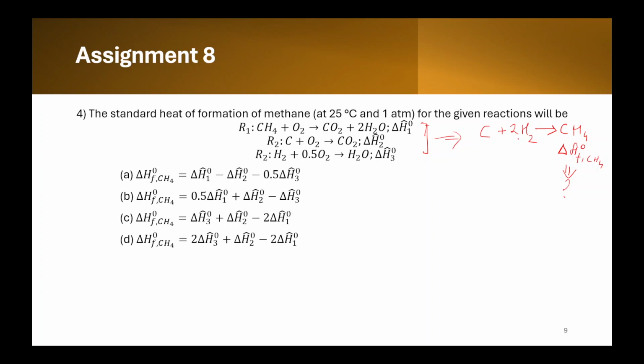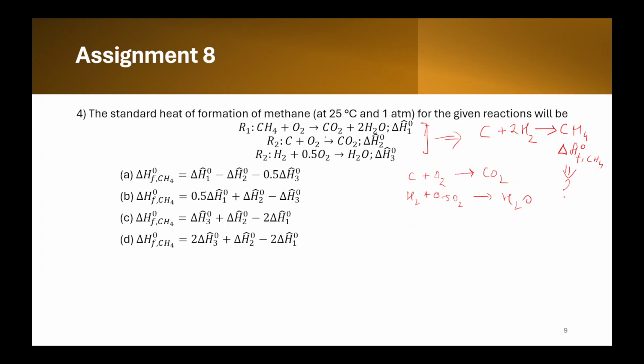C and 2H2 need to be on our reactant side and CH4 needs to be on our product side. So if CH4 needs to be on the product side, this reaction needs to be subtracted and these need to be added. So it will be C plus O2 giving CO2, and H2 plus 1/2 O2 giving H2O.